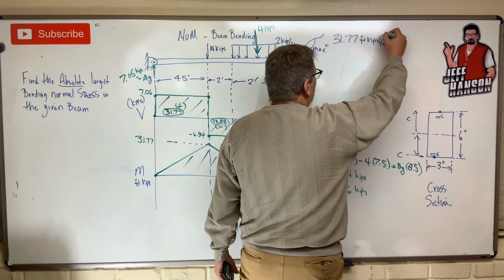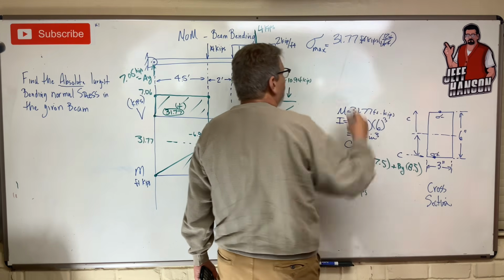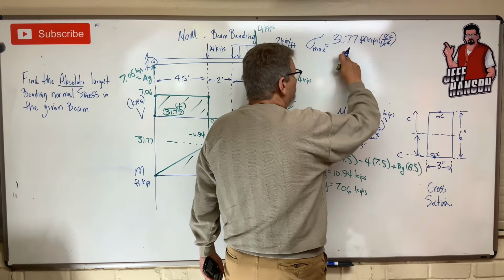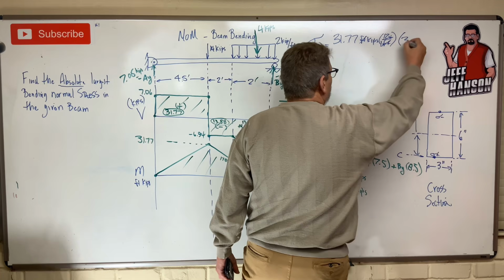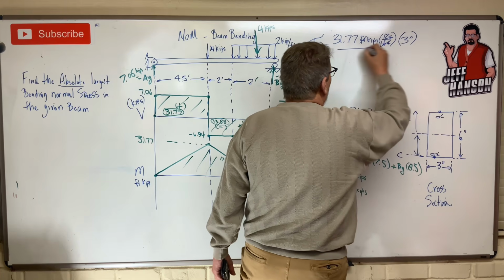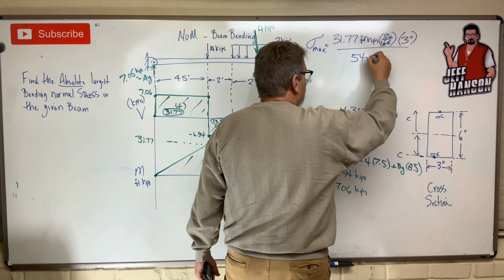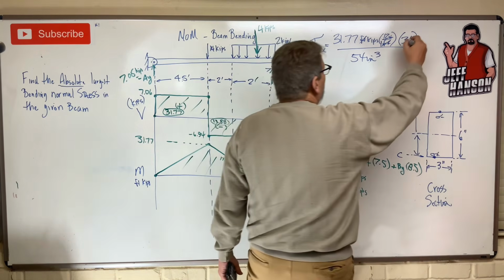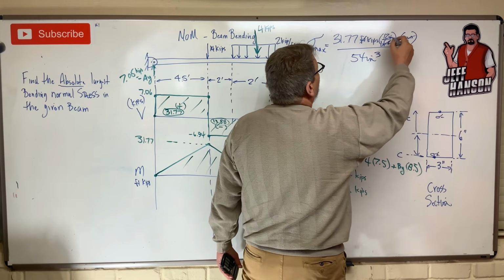So 1 foot is 12 inches. Bam. Now the feet are gone. Now we're in inches. It's all good. So it's M times C. What is C? 3 inches. Divided by I, which is 54 inches cubed. And what are we going to be left with? I'm going to get rid of inches there.